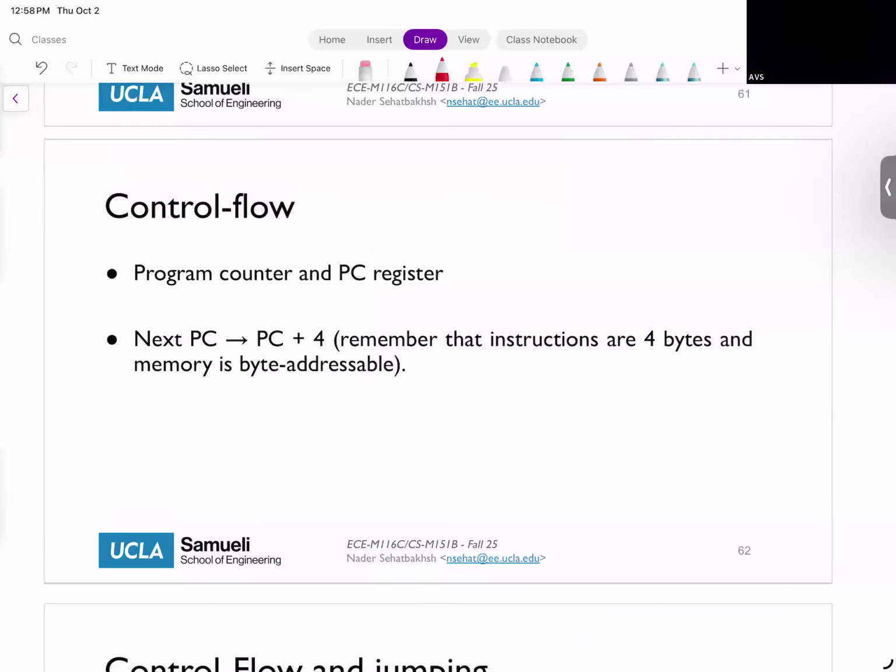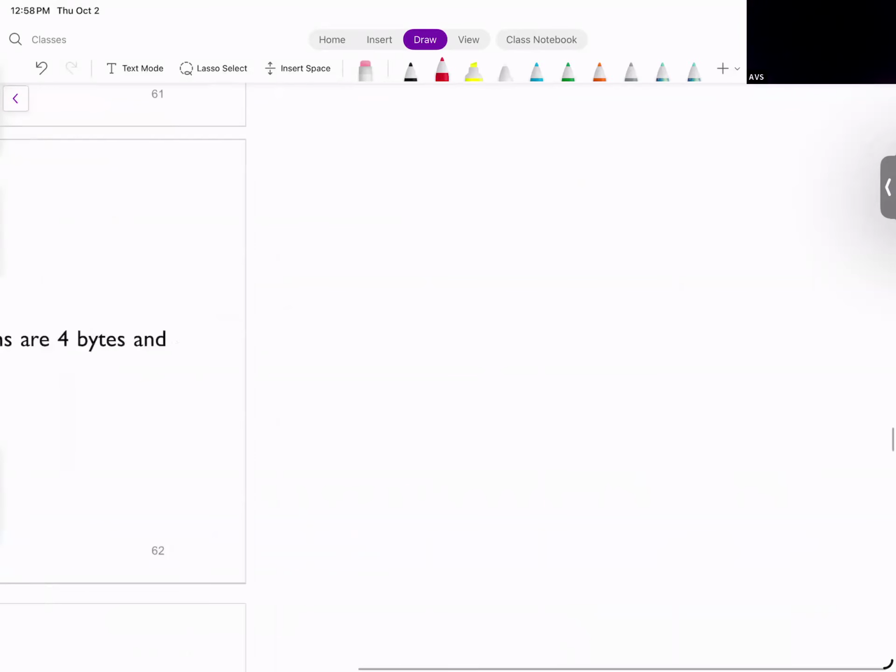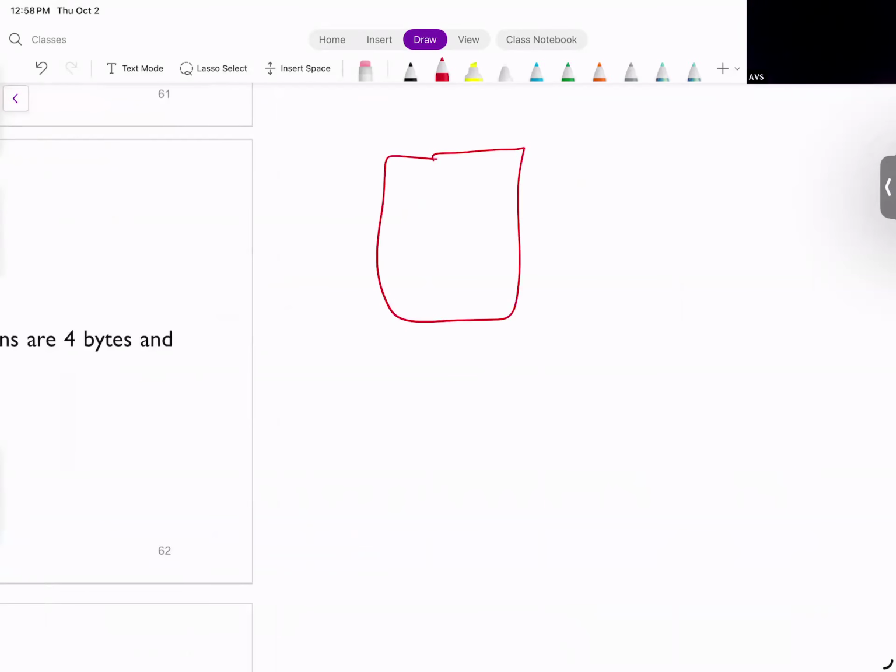When we are not changing the PC itself, it just increments so that we continue executing the program. In a stored program model, we consider a program to be linear, which means that if the first instruction is here, the next instruction is right after it, and the next one is right after that. So everything is linear. Essentially, the PC initially points to the beginning of the program.